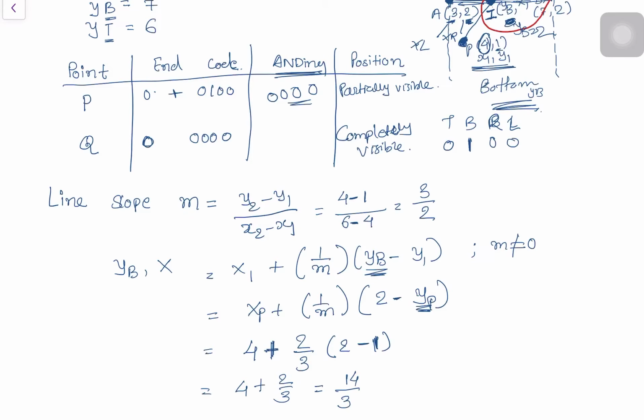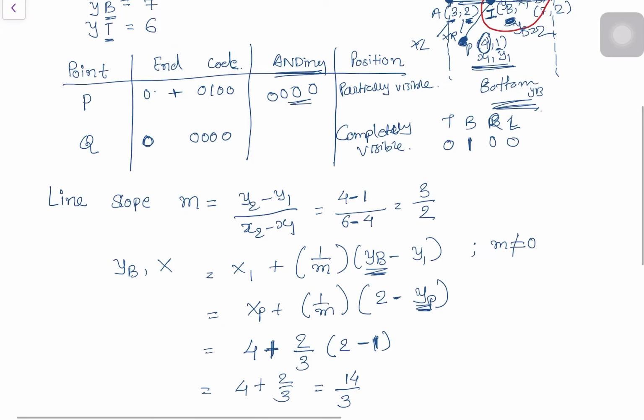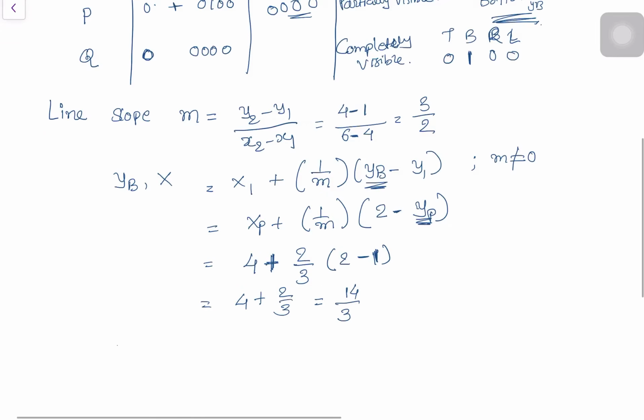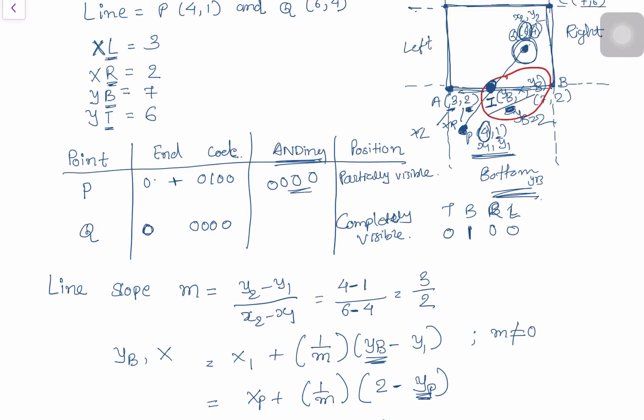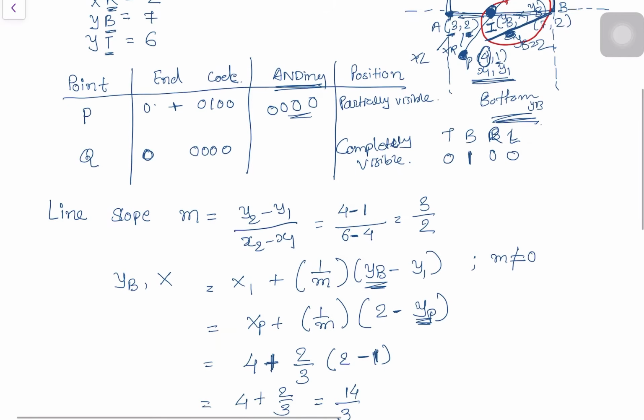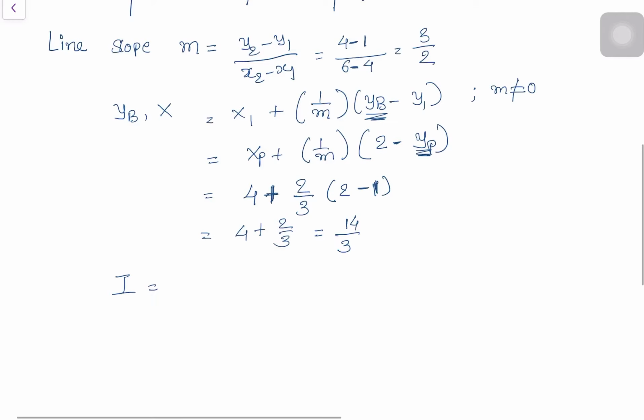So what will be the value of I? I is equal to yb x comma yb. So let us put the value in this equation. Yb x is equal to 14 by 3.